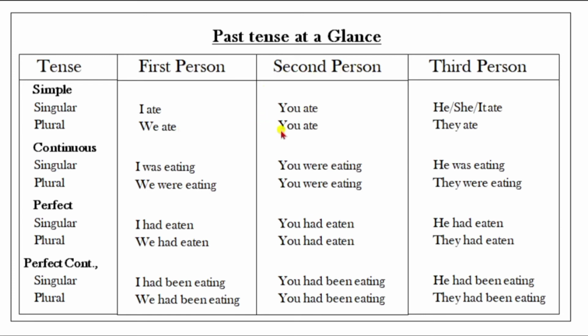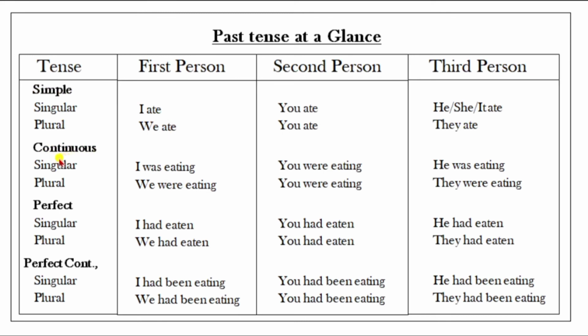You ate, singular and plural also we are using ate. Third person, singular, he, she, it after ate, they after also ate. Then there is no difference between that in first person, second person and third person, singular and plural pronouns.